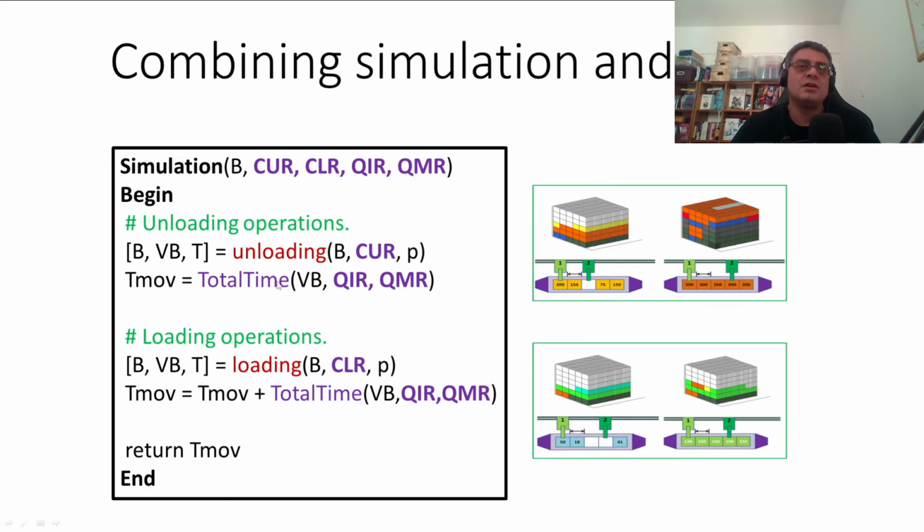We have to consider the bays of the container ship, not the detailed container ship, but instead we have to transform this detailed container ship space into bays. So you have to account for how much workload we will have for each bay. After doing this, you can use this information to compute the total time by applying the quay crane rules.